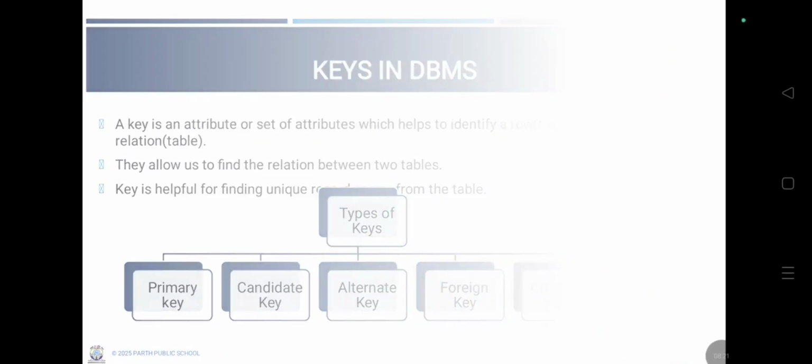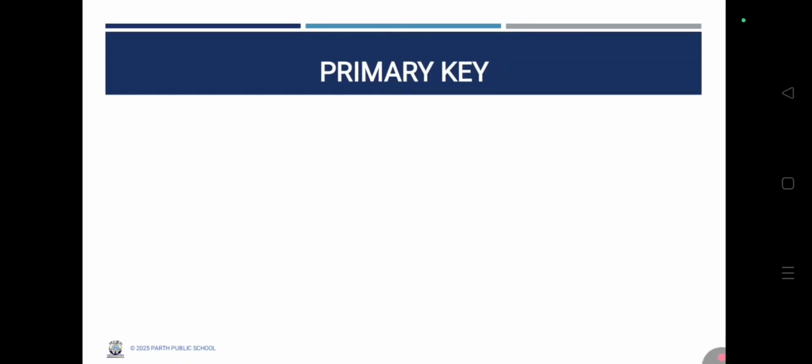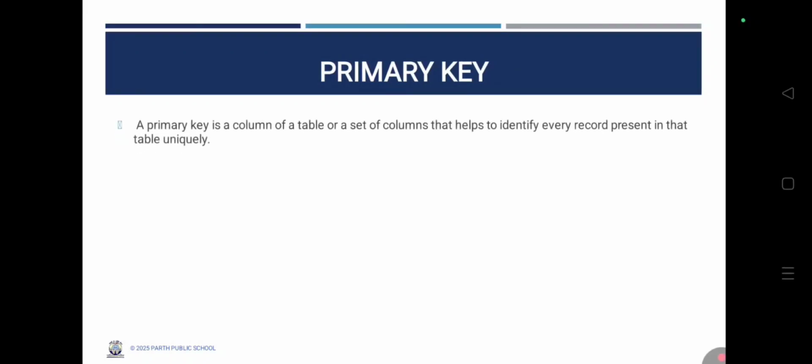So the first key is the primary key. The main or the important one is the primary key. Now what is a primary key? A primary key is that attribute or that column or that field which can uniquely identify each record in a table.